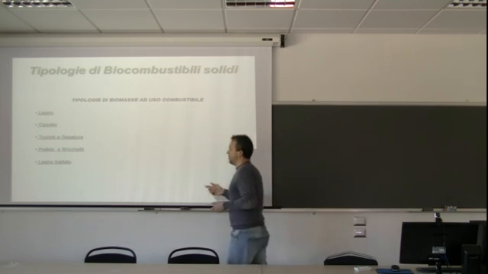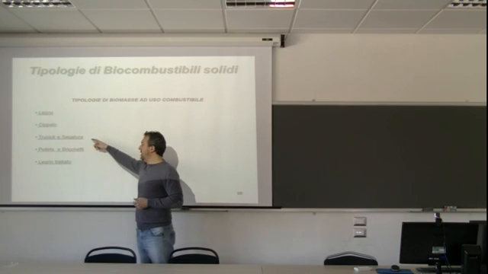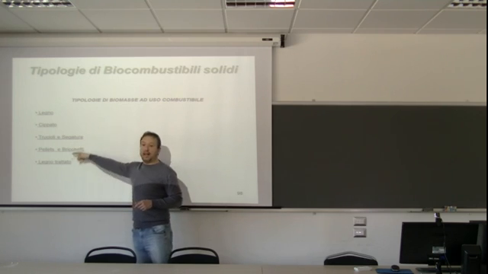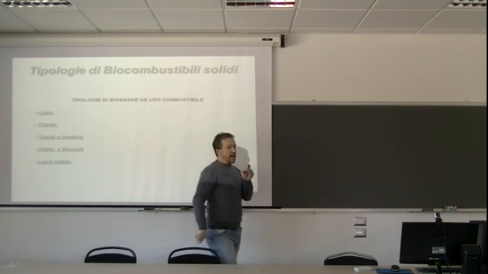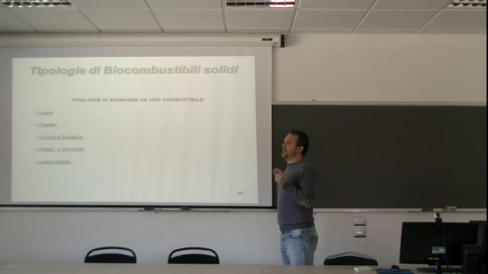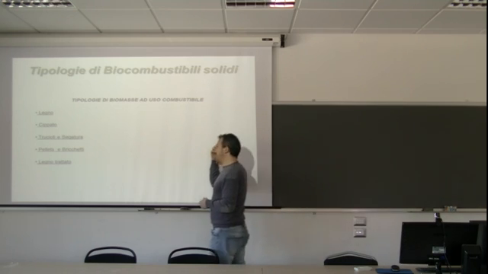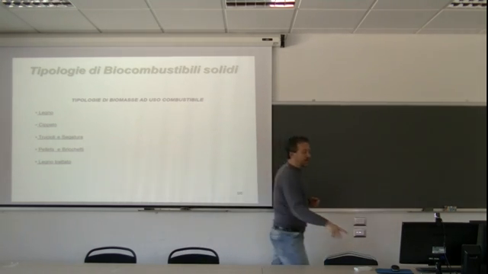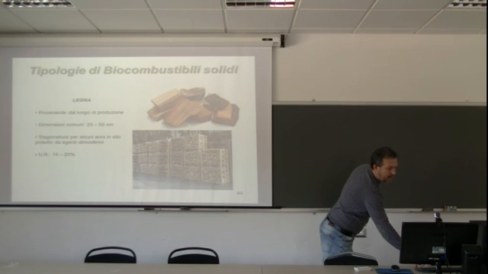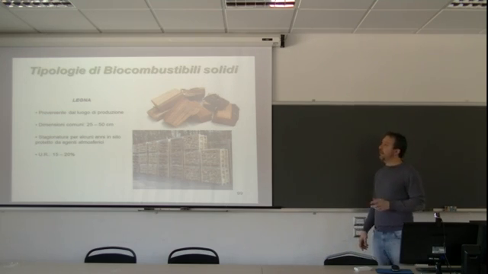You can use, of course, also sawdust directly, but in general you transform sawdust into pellet. Pellets are some small cylinders that you can use in pellet boilers for domestic heating, and these are the most important biofuels.